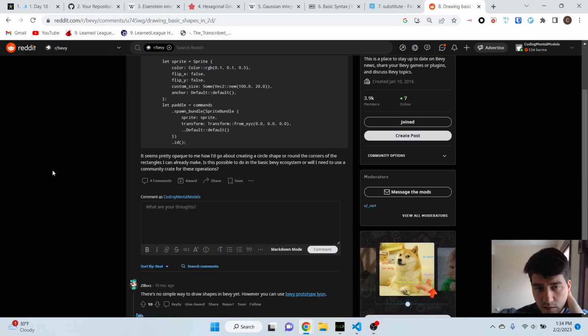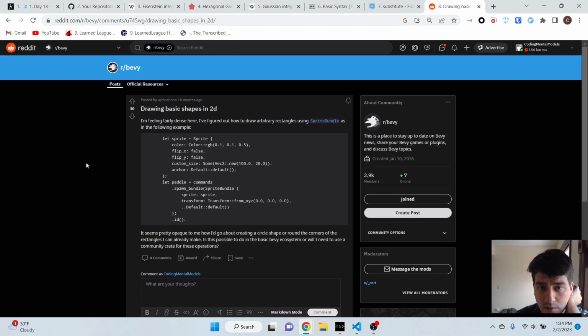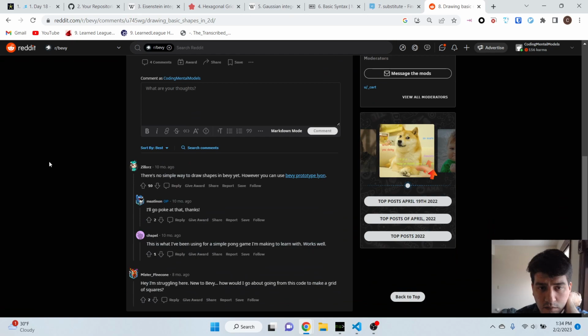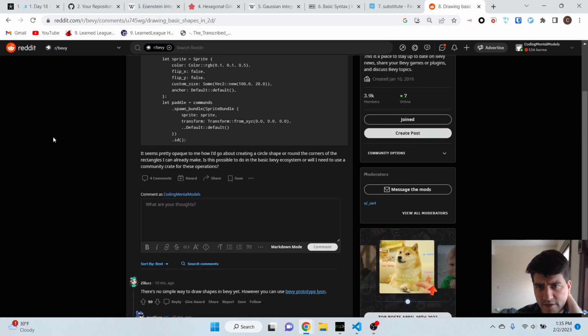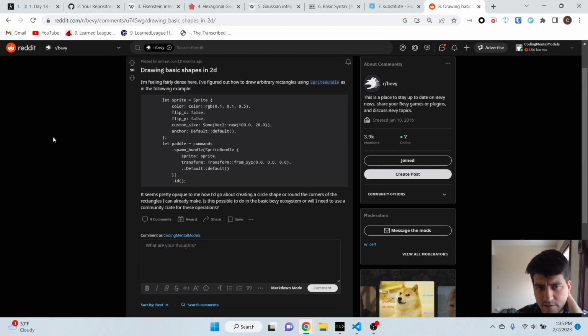Arbitrary rectangles. I wonder if I actually want to use Nannou for this. A little bit nicer. It's just easier to draw stuff. Yeah, I think maybe I do.